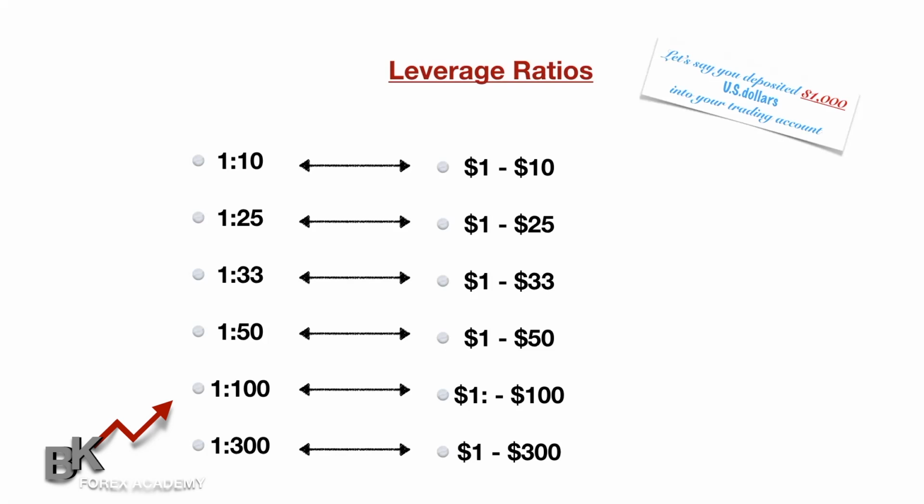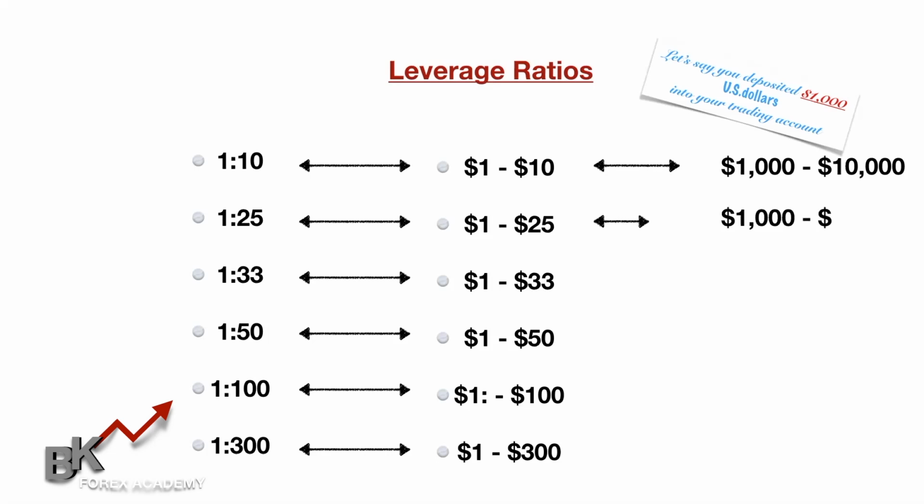But for this example, let's say we put in $1,000 into our trading account of US dollars. There's our $1,000. If I chose the 1 to 10 ratio, our broker would give us $10,000 in buying power. Like I said, I can't stress this enough. They're not giving us $10,000 to keep. They're only putting $10,000 of leverage to trade so we can enter more trades if we like, or enter more than our $1,000 will allow us to.